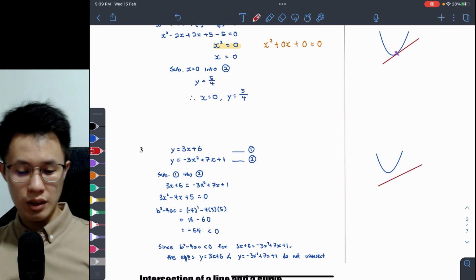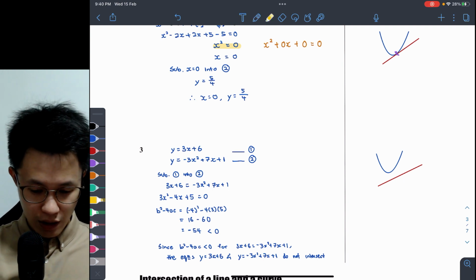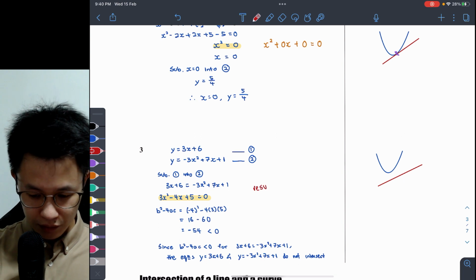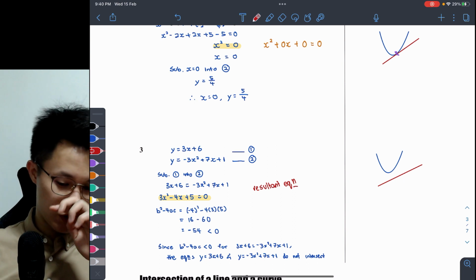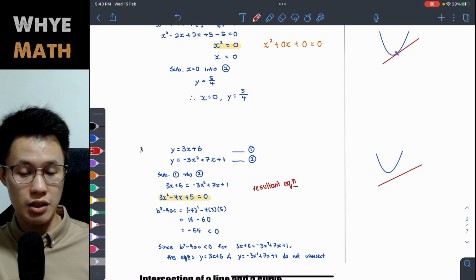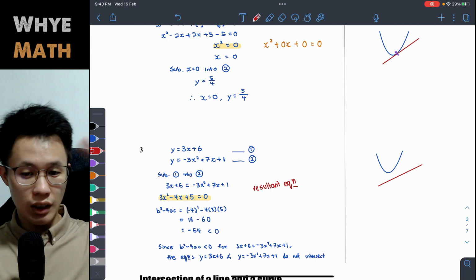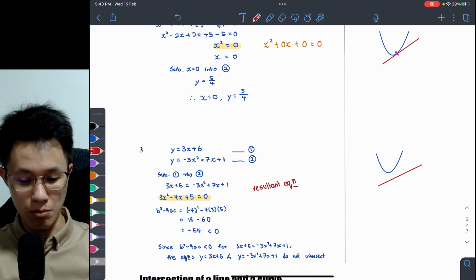When they do not meet, you can use the discriminant of the resultant equation to determine whether the curve of the original equation and the linear line will actually meet.